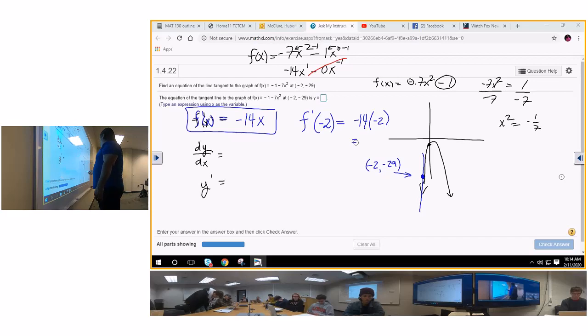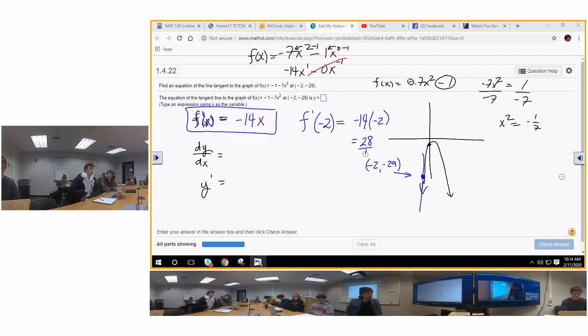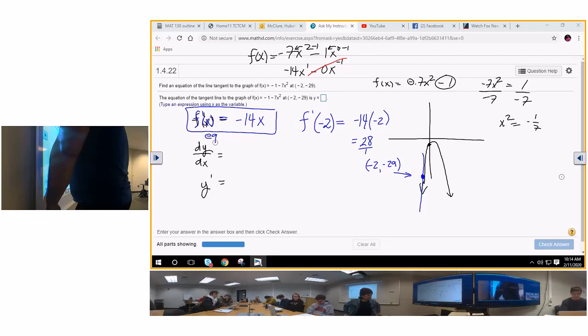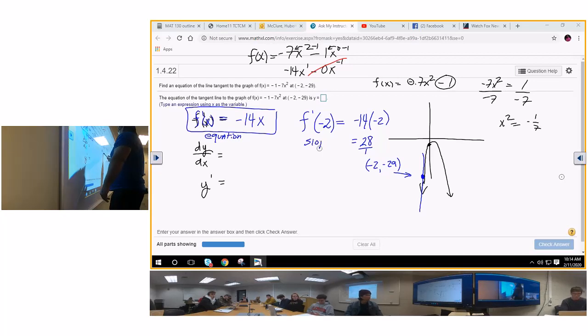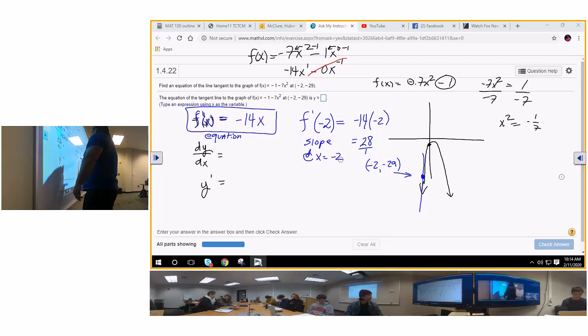So the slope of this blue line is 28/1. So here I found the equation for the slope, and here I found the slope at x is equal to -2.